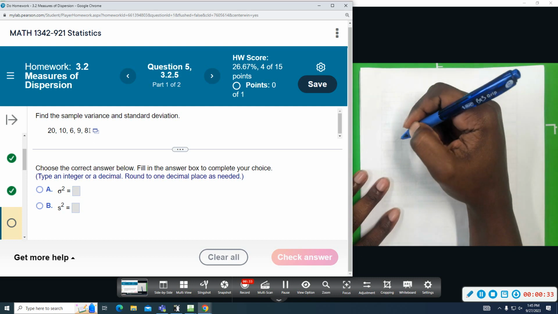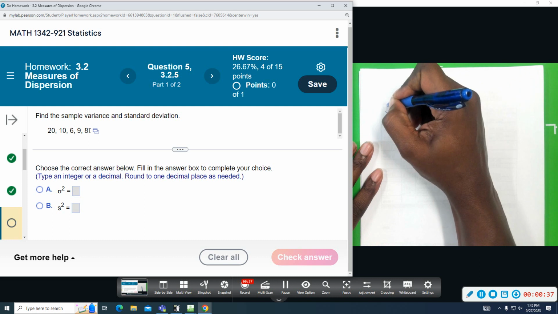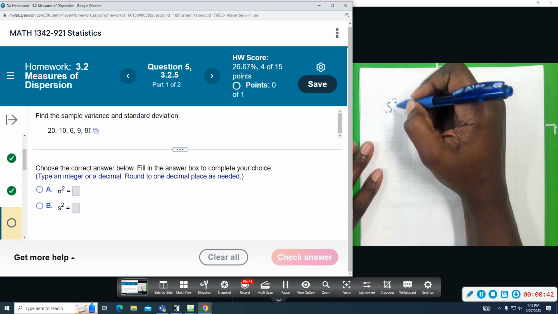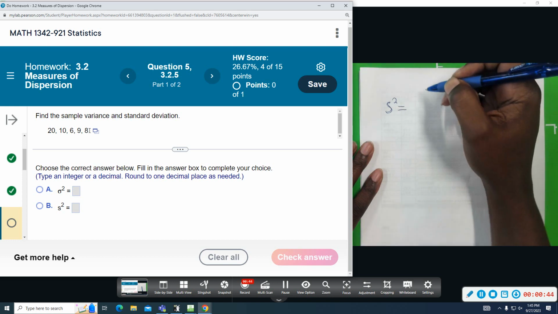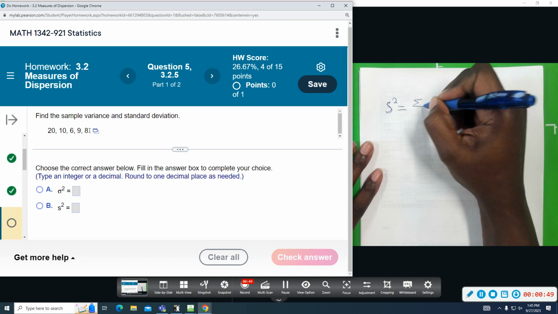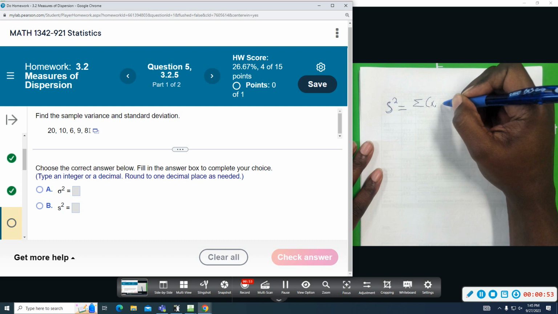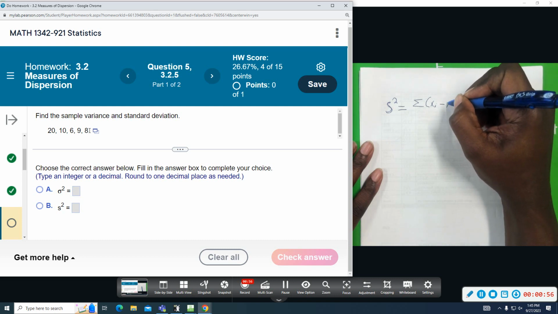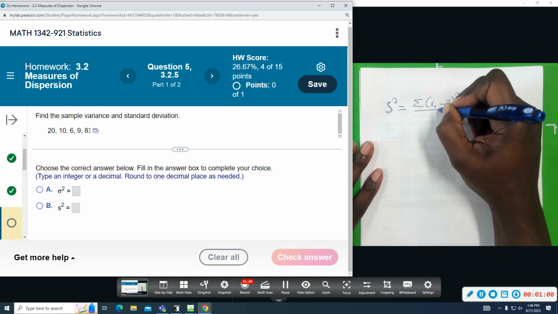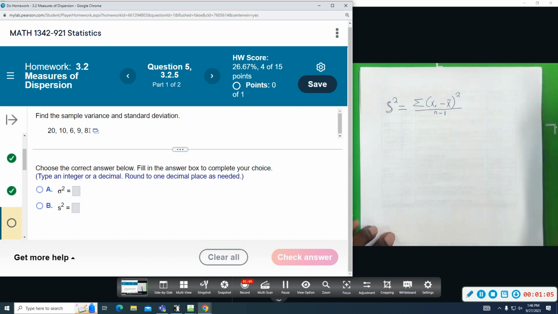So first we want to find the sample variance. Let me remind you of that formula. S squared is equal to the sum of each xi, each data value, minus the sample mean, squared, divided by n minus 1.